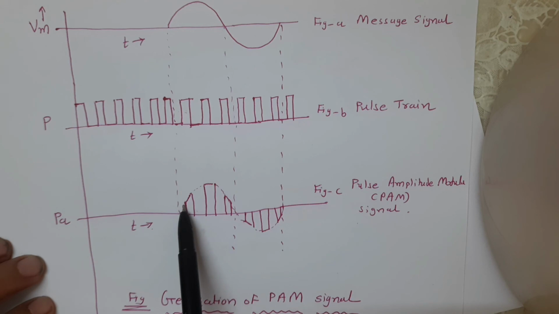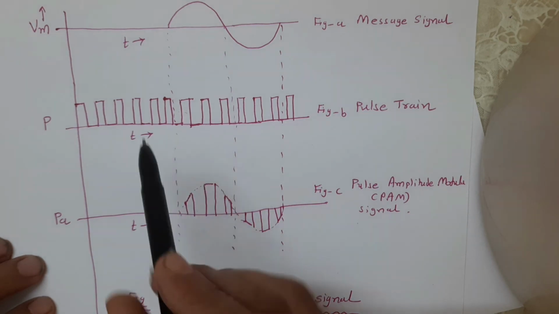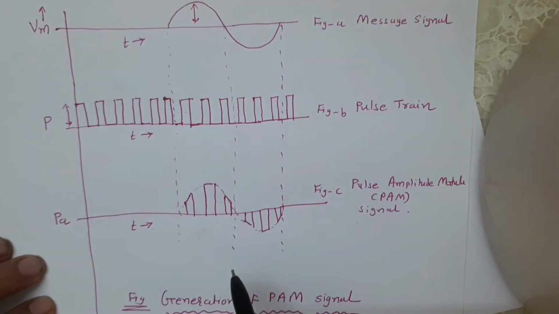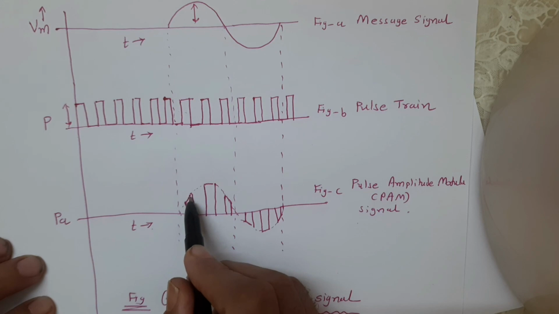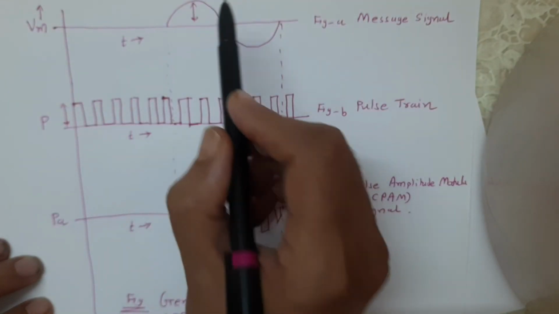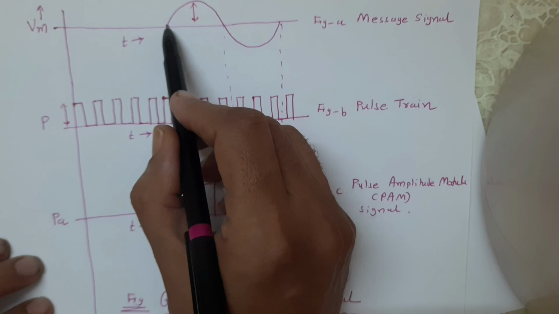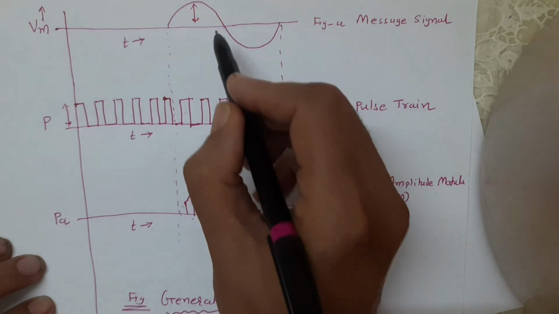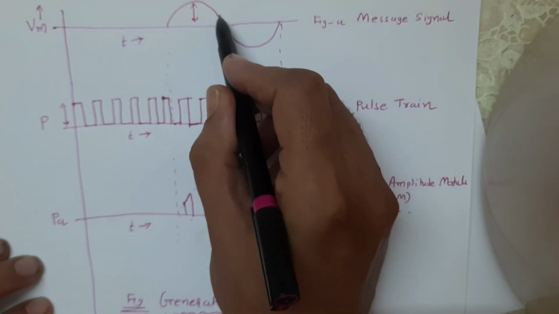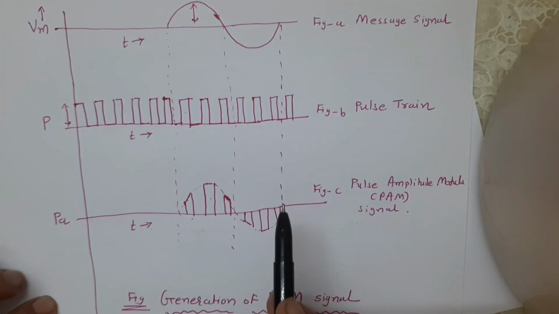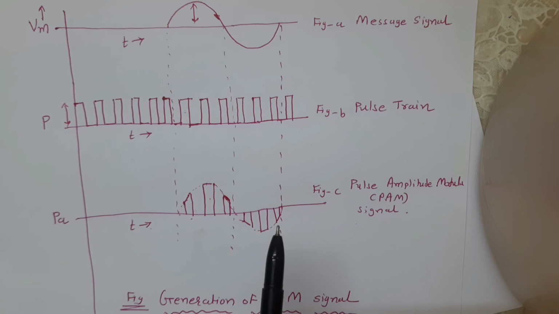That means there is a change in the amplitude, depending on the amplitude of the message signal. Here the amplitude is maximum, then here the amplitude is minimum, like this. So there is a change in the amplitude.